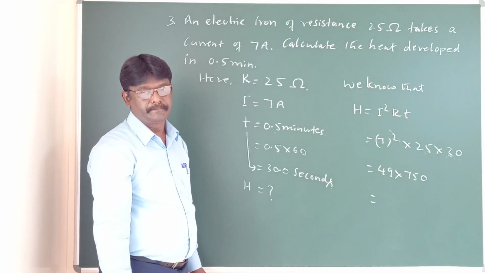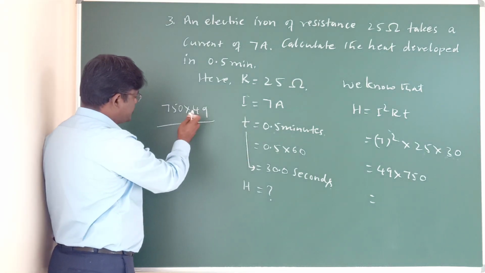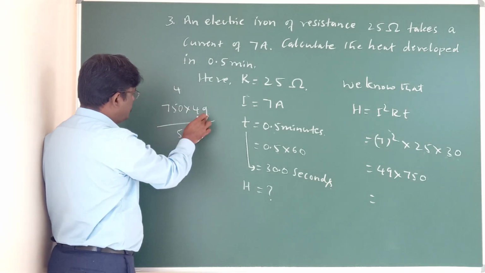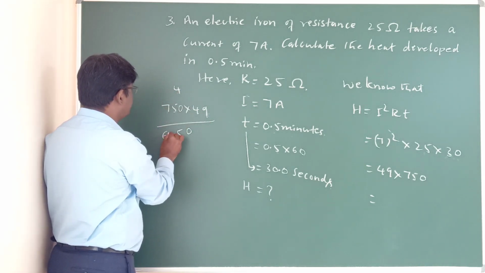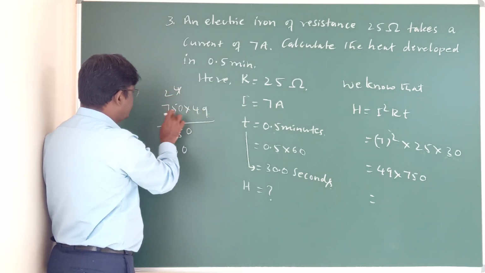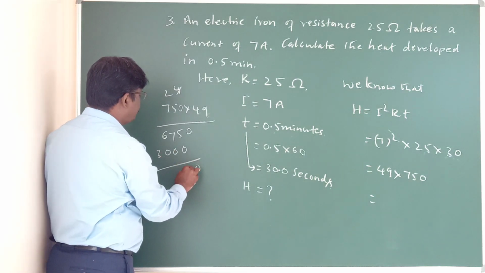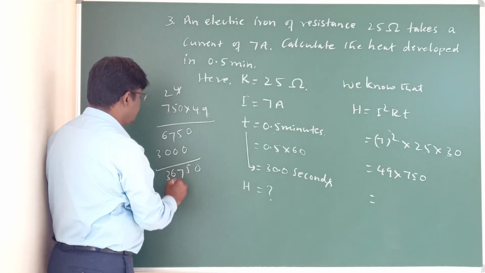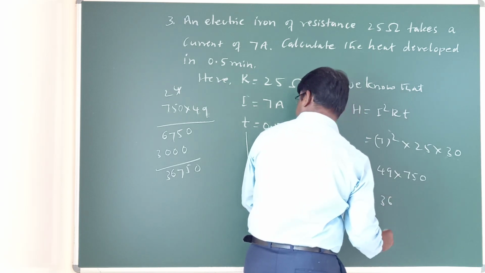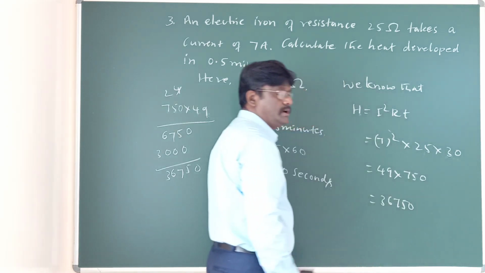If you multiply, let us multiply this first. 9 into 0 is 0, 9 5s are 45, 4, 9 7s are 63, 67. 4 into 0 is 0, 4 5s are 20, 4 7s are 28 plus 2, 30. 0, 5, 7, 6, 3. Thus it comes 36,750.